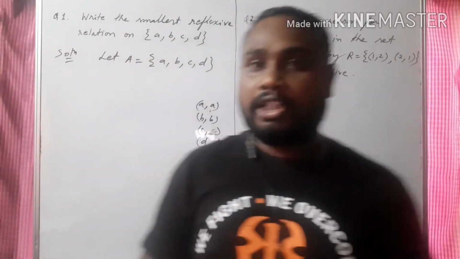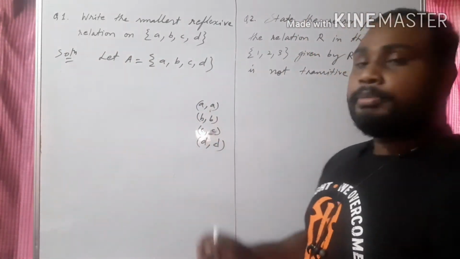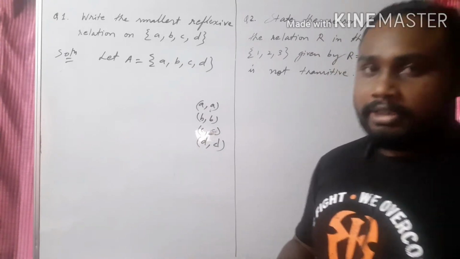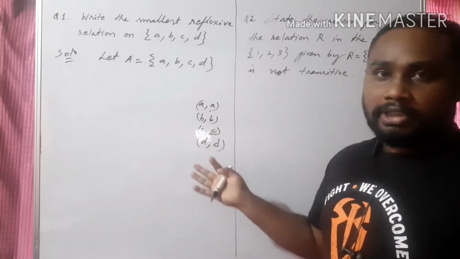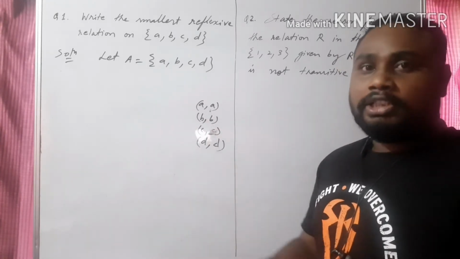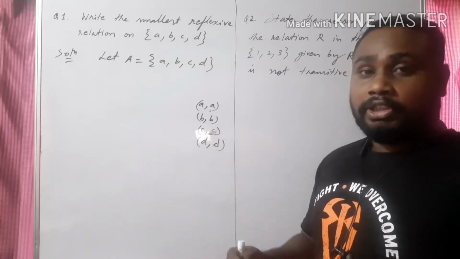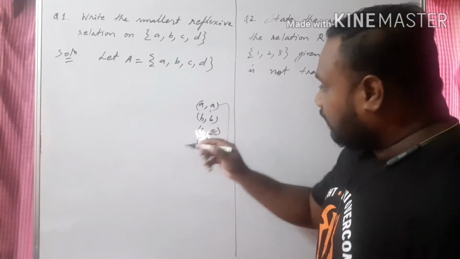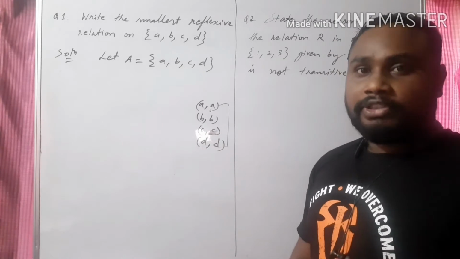I mean to say that in that relation all these elements must be there, then only it will be a reflexive relation. Along with that, any other elements can also be there, but in order to form the smallest reflexive relation, if these are there, then it's sufficient, isn't it?